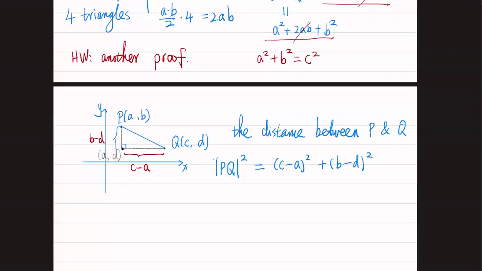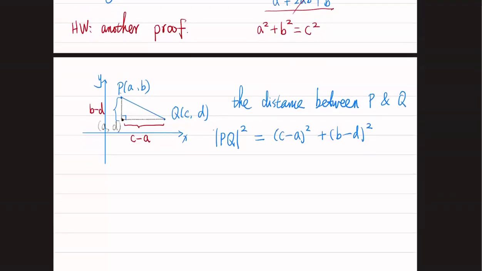Okay, so that's the Pythagorean theorem we just proved. Then we take a square root. Okay, so this is the formula.